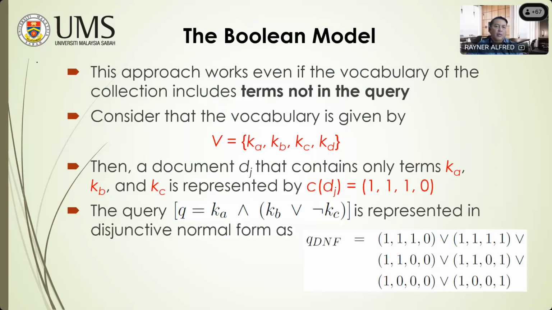So what we want to know here is the full process. Given the vocabulary that we have, A, B, C, D, we have this document that contains only terms A, B, C. So this is the representation for the document DJ: 1110.